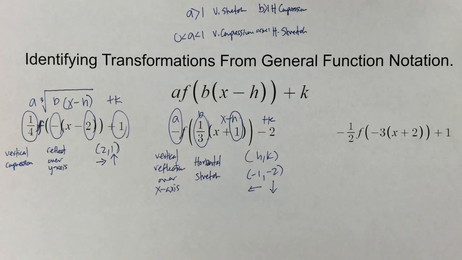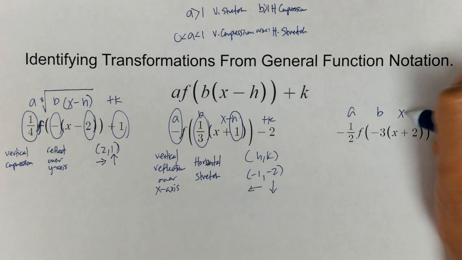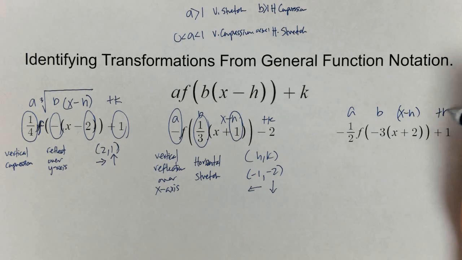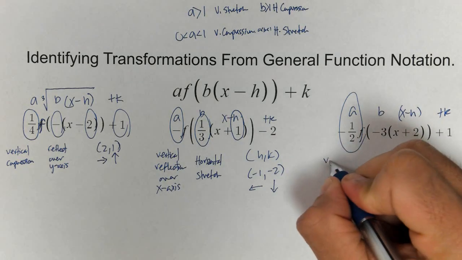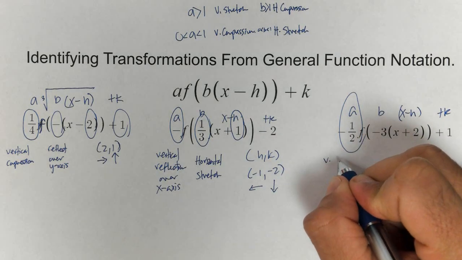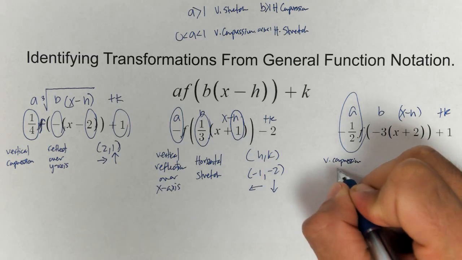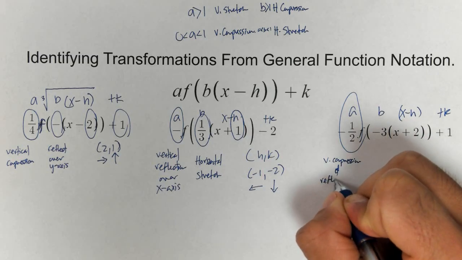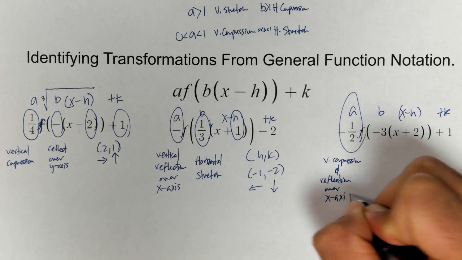You're welcome to pause these videos and try them yourself, and then press play to see if you got the same answer. Here I have a, b, x minus h plus k. So the negative 1/2 is a vertical compression and a reflection over the x-axis because it's negative.